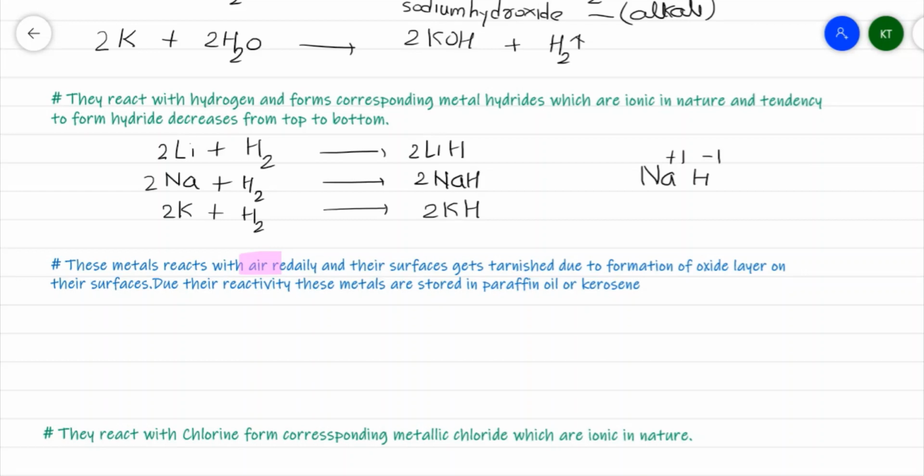As they form an oxide layer on the surface, the surface gets easily tarnished. That means the shine has been lost. Because of this particular reactive nature, these metals are always stored either in paraffin or in kerosene. I cannot store them in water.